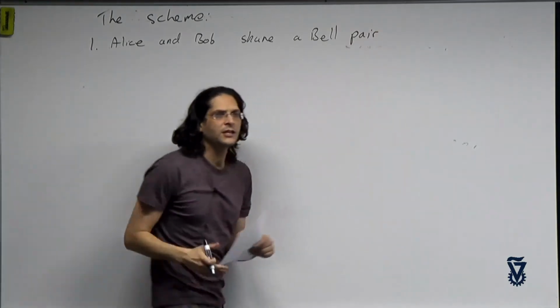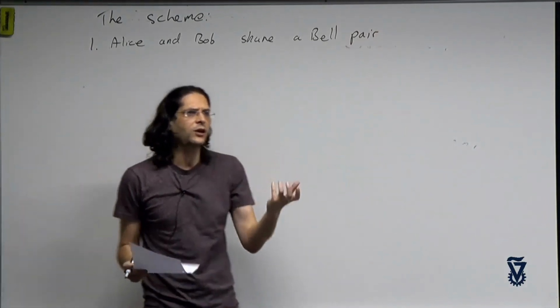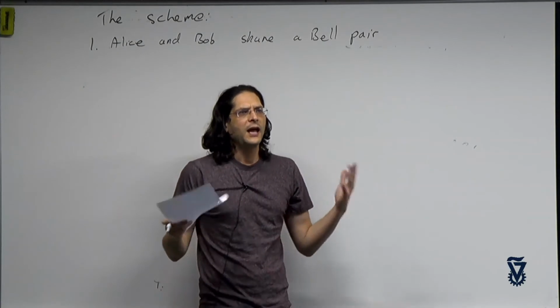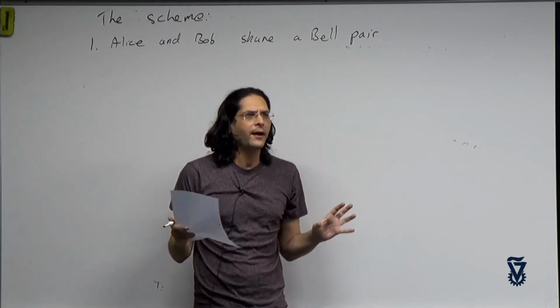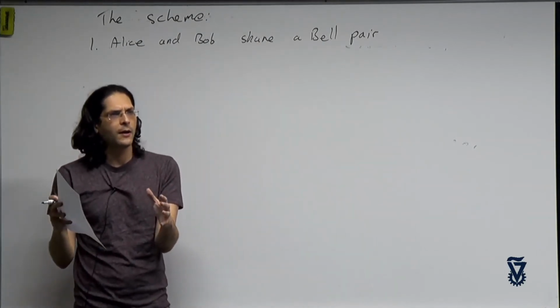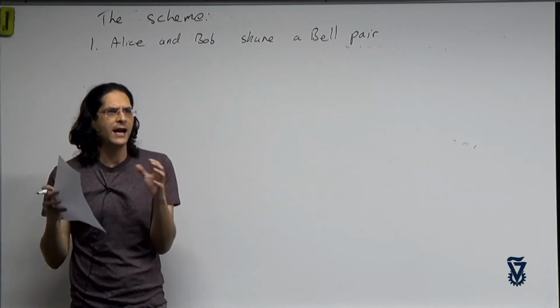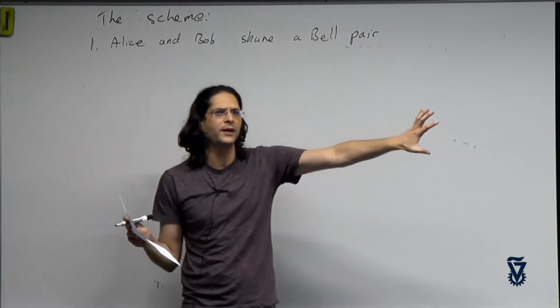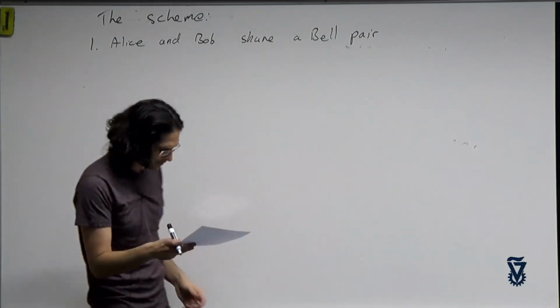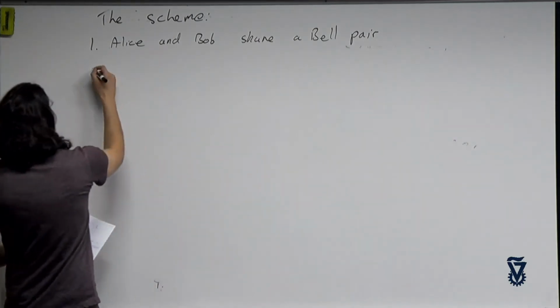Teleportation doesn't come for free. You can't just take a qubit and teleport it. A priori, there has to be a Bell pair, and one qubit of this pair has to sit with Alice, and the other qubit from the pair has to sit with Bob.